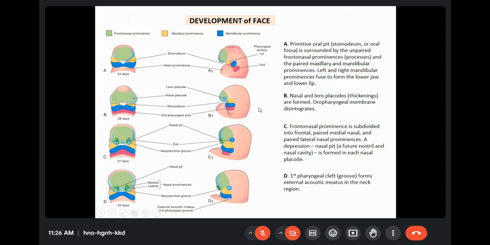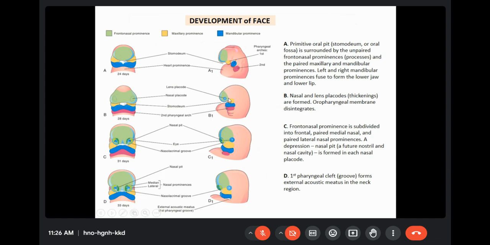Next, the nasal and lens placodes are formed. In this picture, you see the nasal placodes. Placodes means a thickening of the epithelium. So here will be the future nostrils of the embryo. The eyes are not seen in this picture.